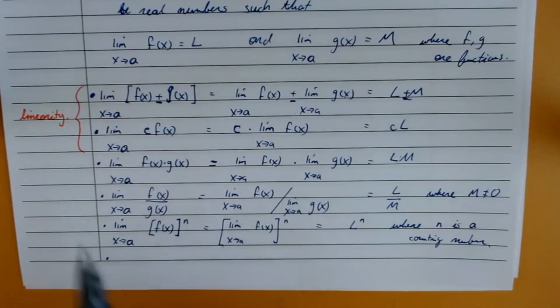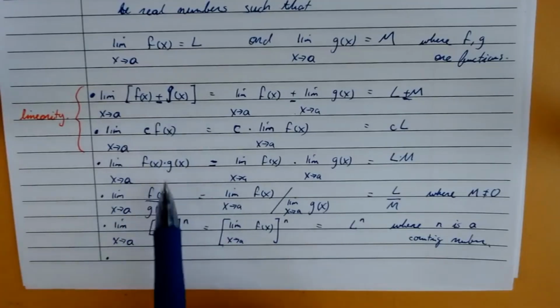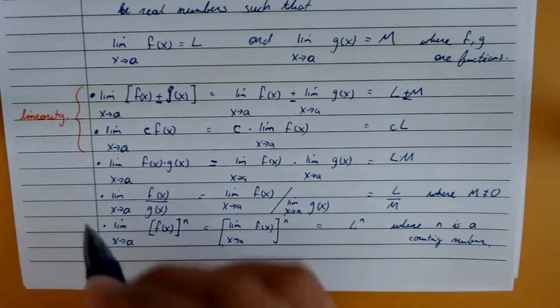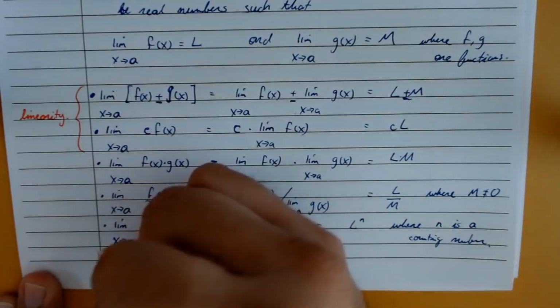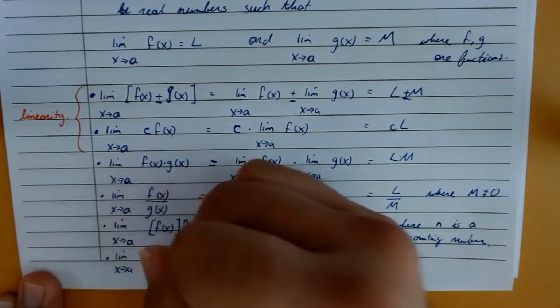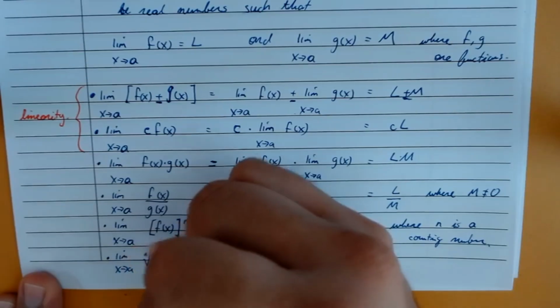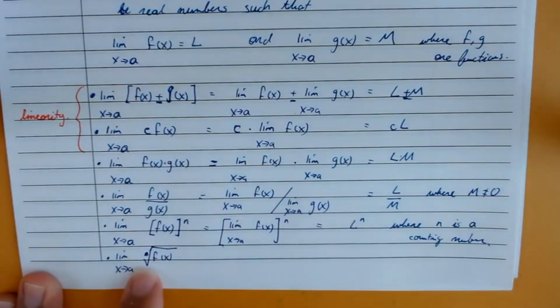And finally, you notice that we have addition, subtraction, we have multiplication, division, we have a power, and, well, its counterpart would be the root, like a square root or a cube root, and it holds for that one as well. So if you take the limit as x approaches a of the nth root of f of x, whether it be square root, cube root, or whatever, it doesn't really matter.